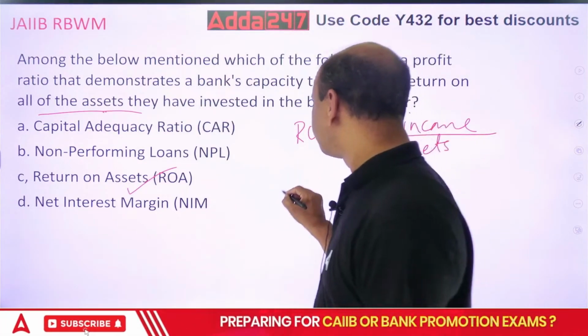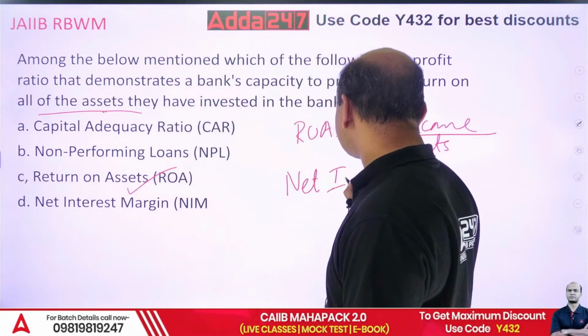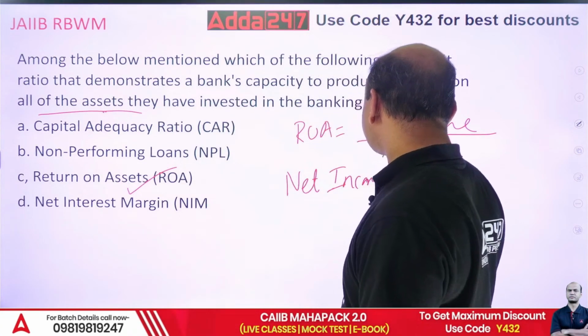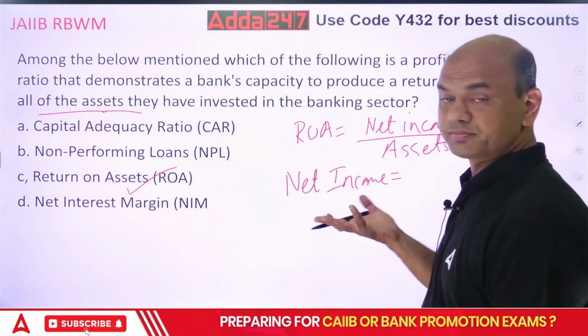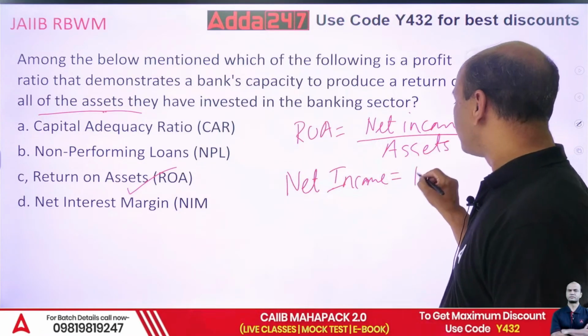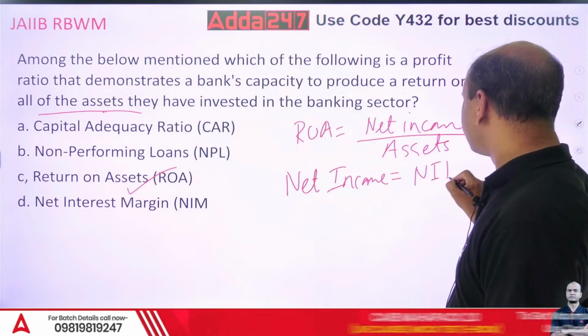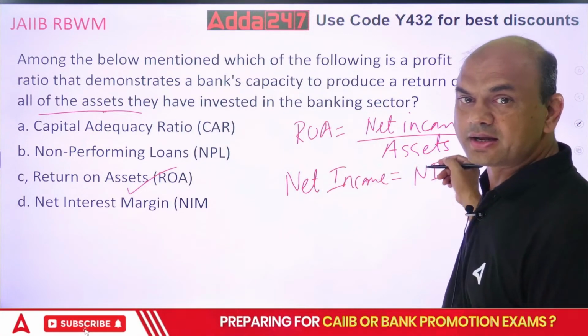What is net income? Net income equals, there are three parts to net income. Kindly understand. Three parts to net income. One is your NII, or we call it spread. NII, spread, net interest income. This is net income, that is net interest income.